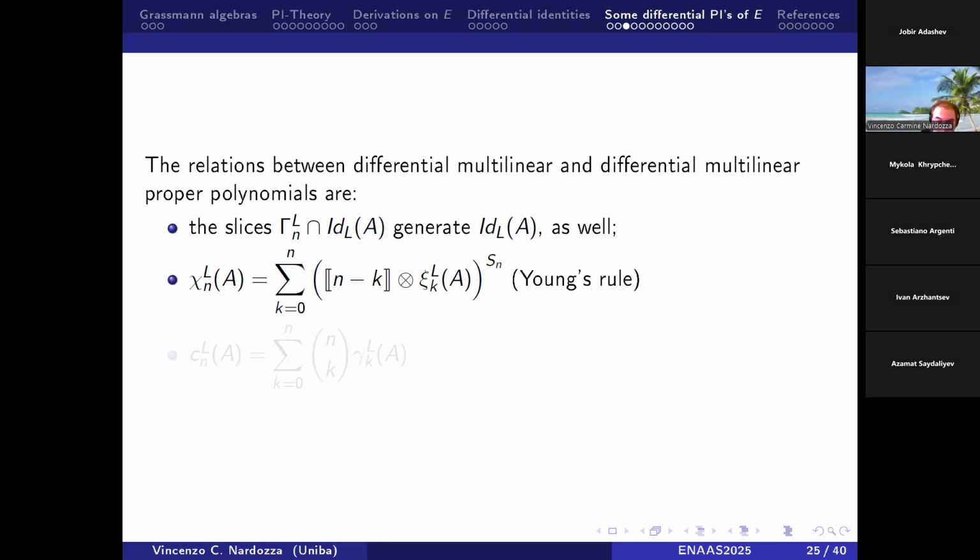The differential co-character sequence of A is Young derived by the proper one.